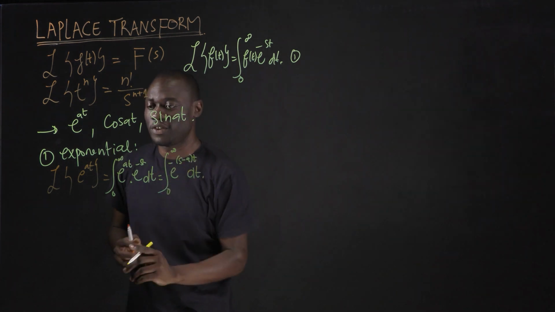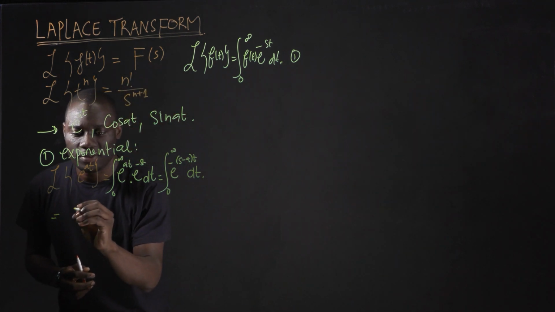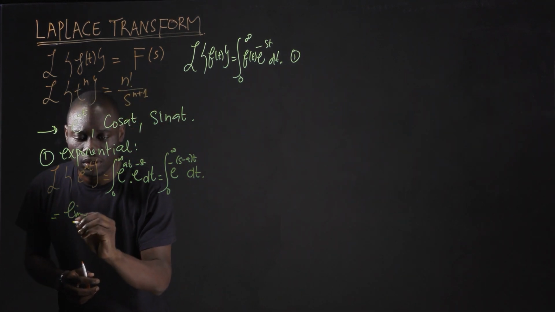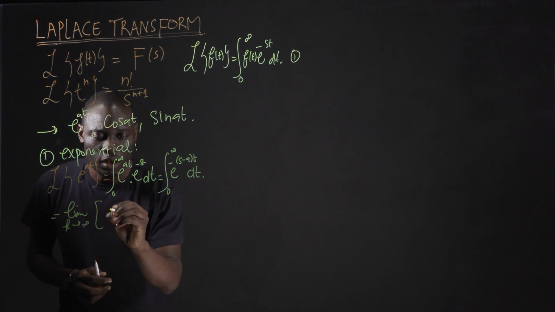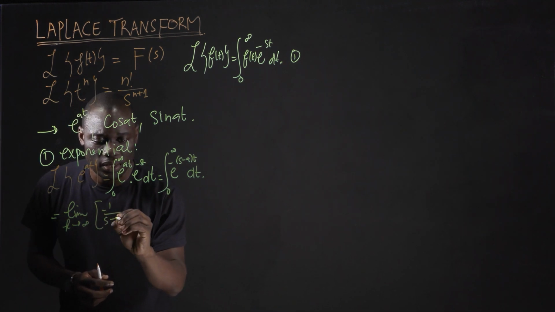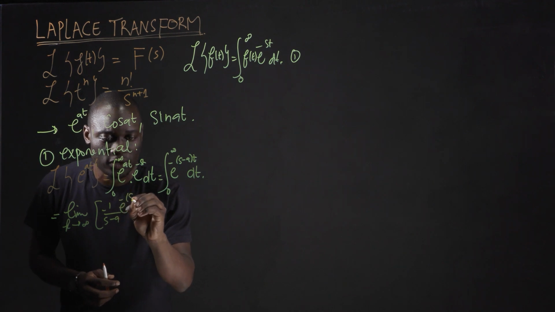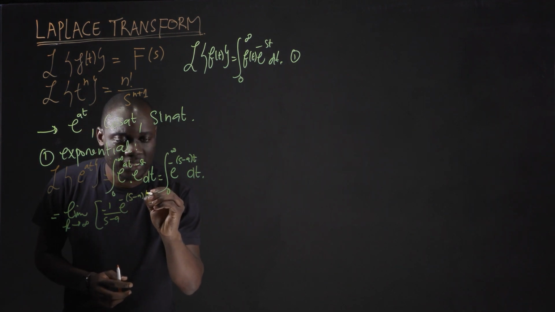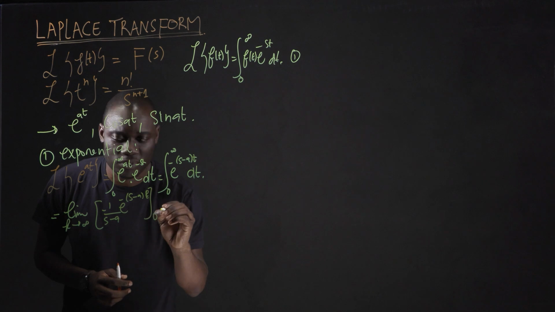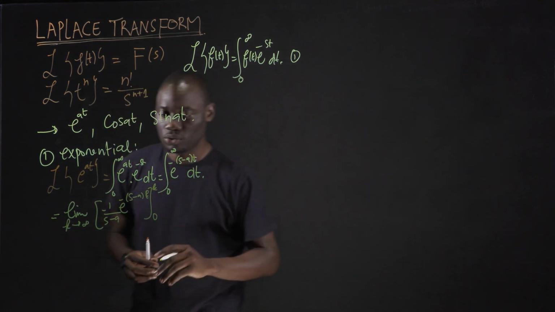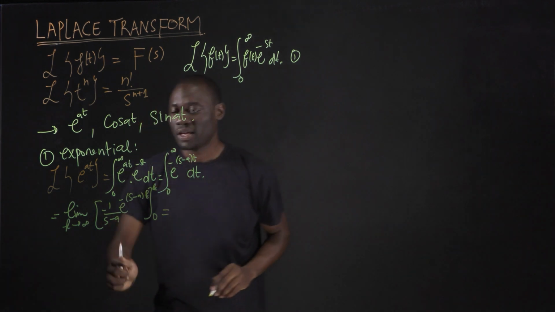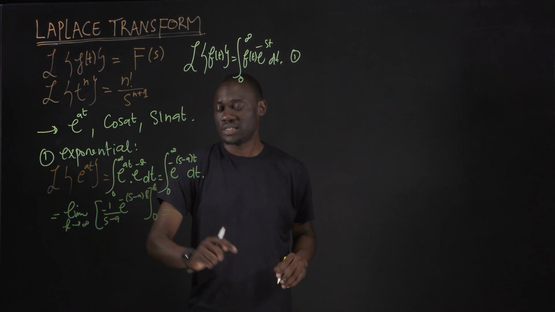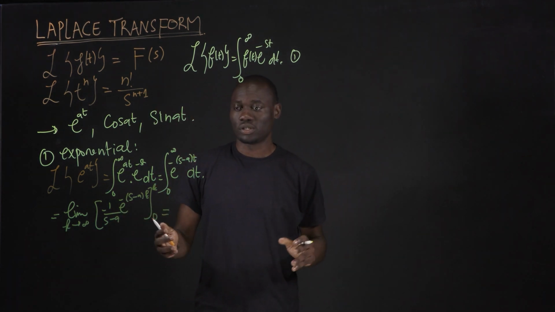So to find the antiderivative of this, it will be equal to the limit of k tending to infinity of minus 1 over (s minus a) times exponential minus (s minus a) t, evaluated from 0 to k. Applying and finding this, what do we have?